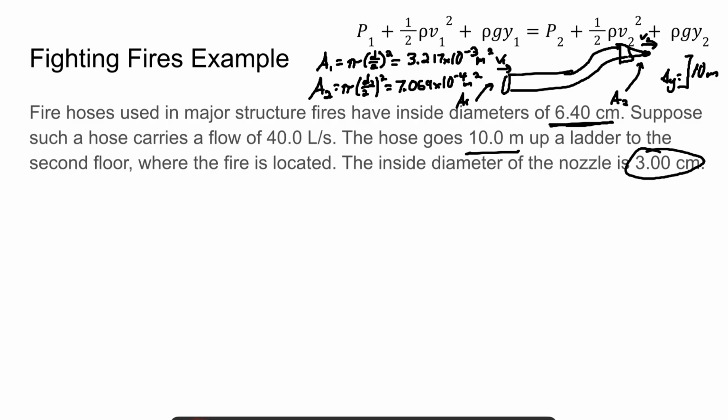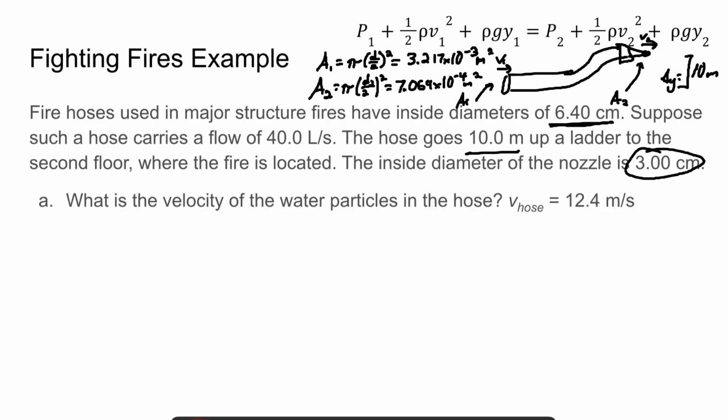Okay, so we've got to figure out a couple of things. The first thing we want to figure out is the velocity of the water particles in the hose, and we know that the volume over time, or the flow rate, is 40.0 liters per second. But to get this into standard units, we've got to convert from liters per second to cubic meters per second.